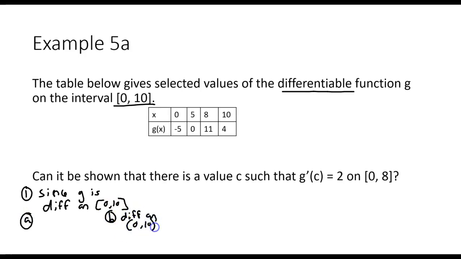Well, these two things are exactly the same. This one just has more. So if it's differentiable on the closed interval, it has to be differentiable on the open interval. And we also learned back in Unit 4 that if a function's differentiable, then it's continuous. So since g is differentiable on 0, 10, it's also continuous on that interval.